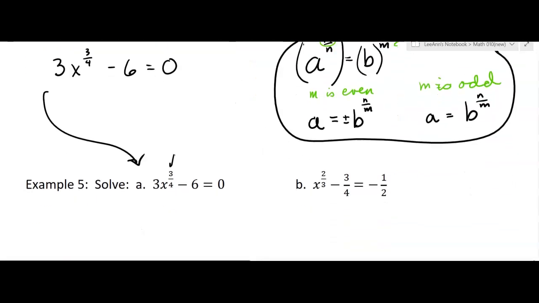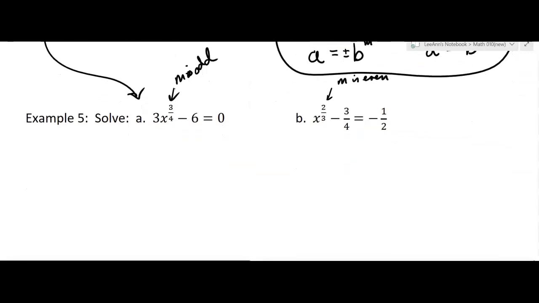Here you have a 3 for the numerator. So am I going to need the plus or minus? No. So this m is odd here. Now what about over here? Is m even or odd? It's 2, so m is even. I'll just point that out as we do these problems.